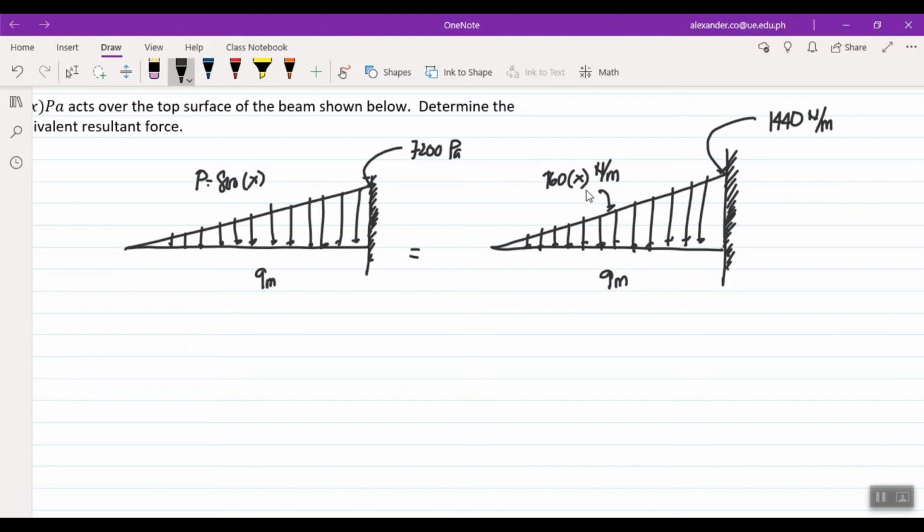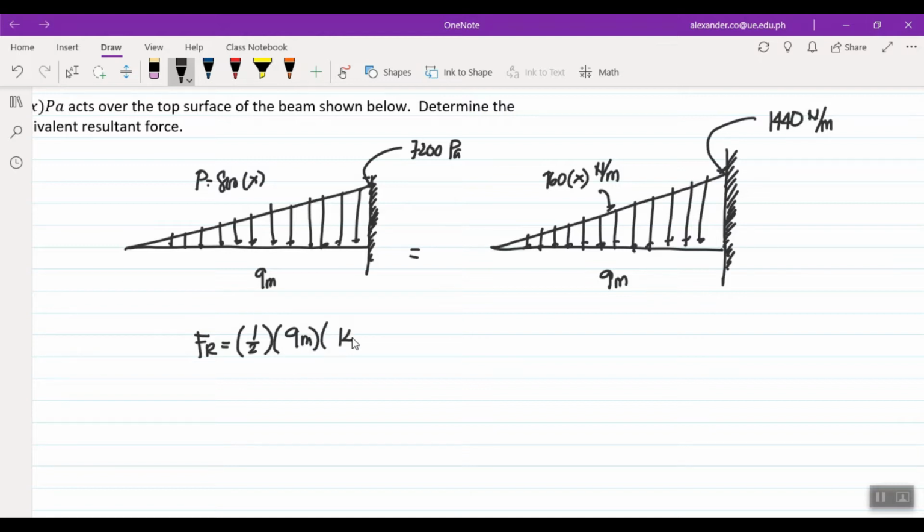Actually, kahit hindi na natin kailangan to. Ang gagawin lang natin, sabi nga, kukunin natin yung area. So, ano yung resultant force? Let's just get the area of this one. So, area niya is triangle, it's 1/2. Ano yung base? 9 meters. Ano yung height?